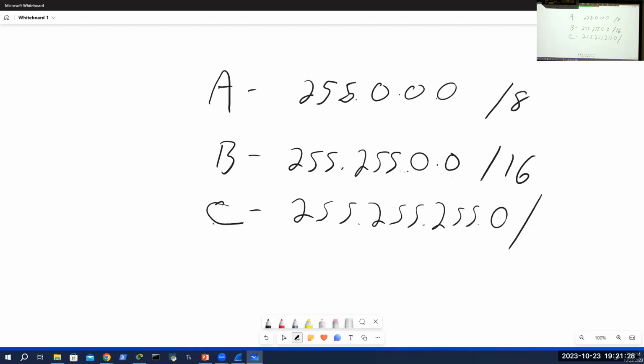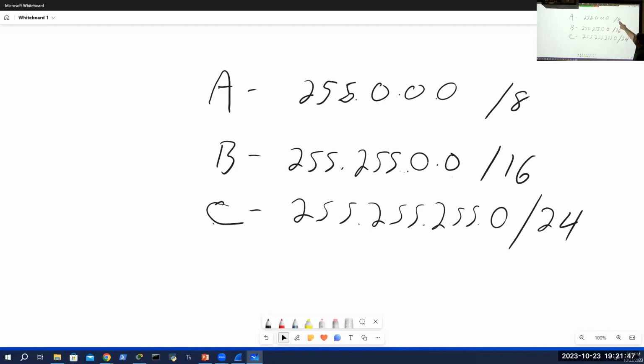All right, and what's the CIDR or prefix notation? So what do those numbers mean, the 8 and the 16 and the 24? It's the number of network bits, which determines the network ID.